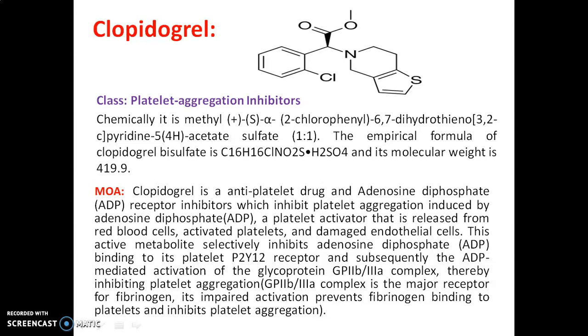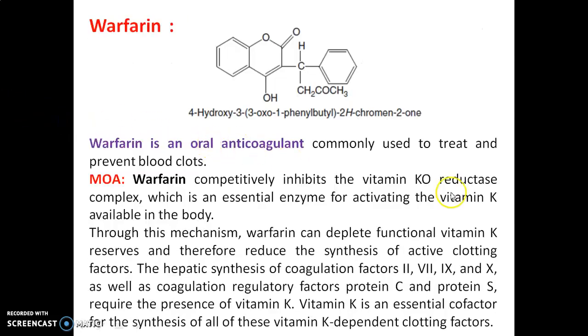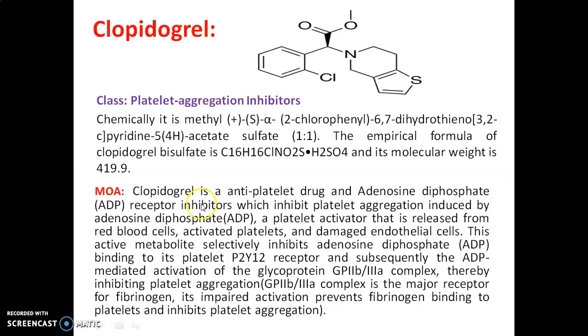It is categorized as an ADP receptor inhibitor, whereas coumarin or warfarin was a vitamin K epoxide reductase inhibitor. Clopidogrel is used in treatment of acute coronary syndrome or in preventive treatment of patients who are at risk of thromboembolism, myocardial infarction or stroke.